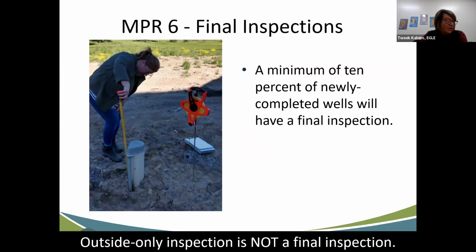And that includes ensuring adequate separation from contamination sources, looking at the casing termination and well cap, making sure the annular space is sealed, looking at the well components to make sure they're all on the EGLE approved well component list, and then popping inside to take a look at the pressure tank and that piping, sample tap, valves, and controls. And then you want to confirm that abandonment is done where it's required.